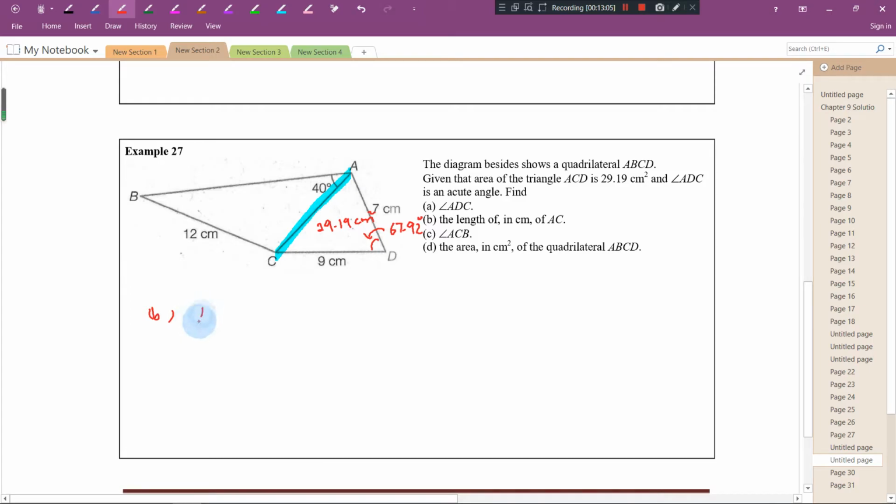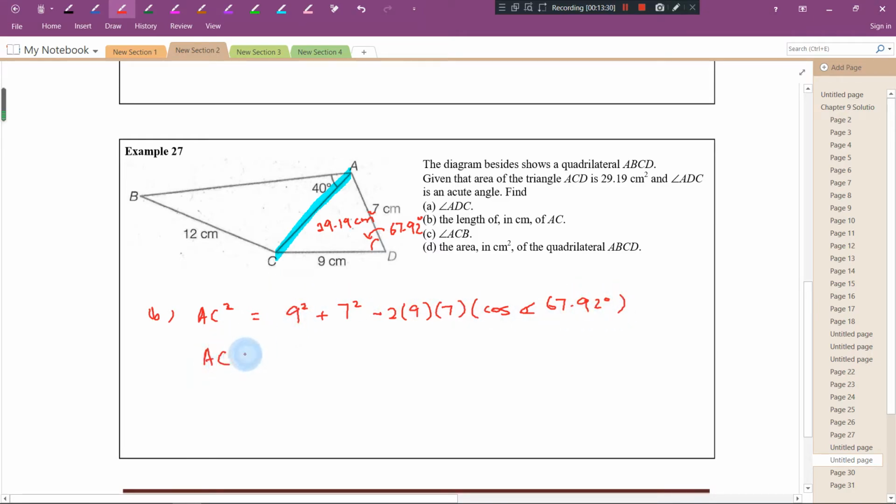We know that AC squared will be equal to 9 squared plus 7 squared minus 2 times 9 times 7 times cosine of this angle, 67.92 degrees.